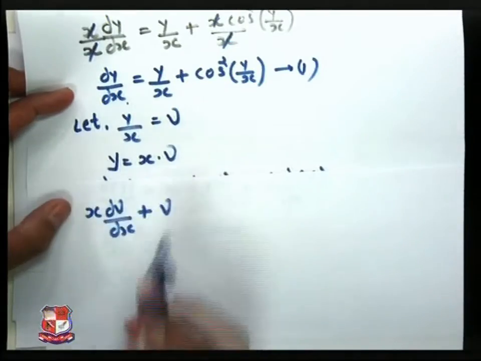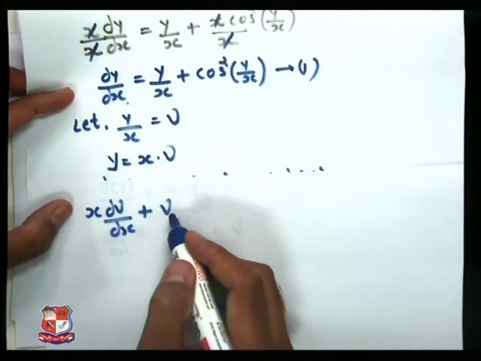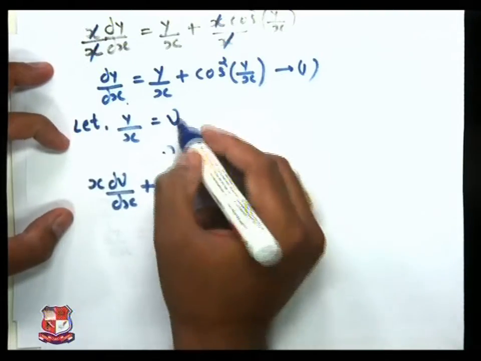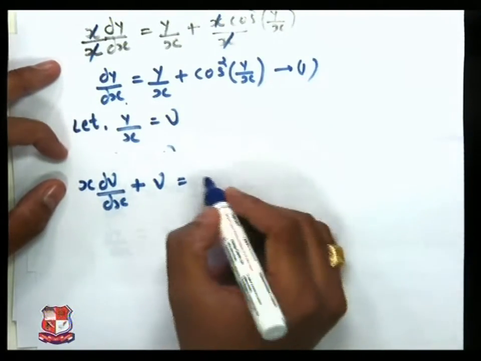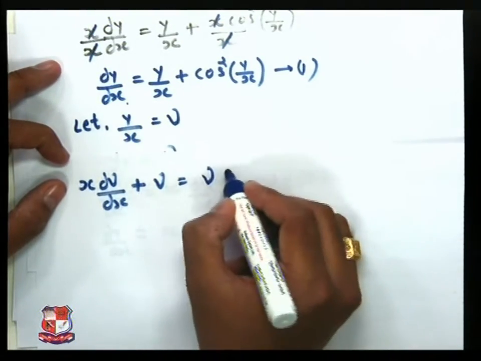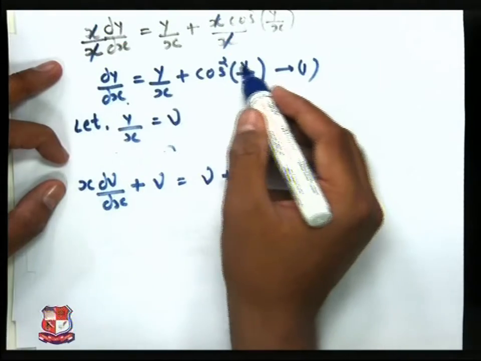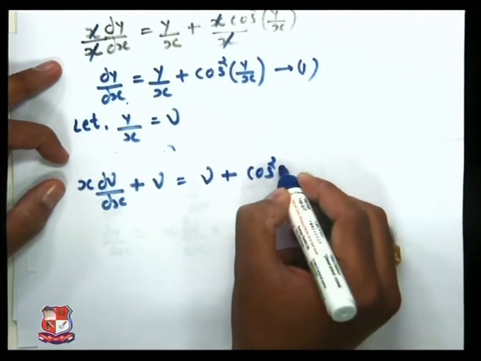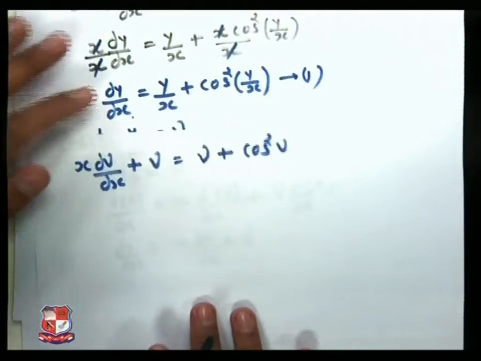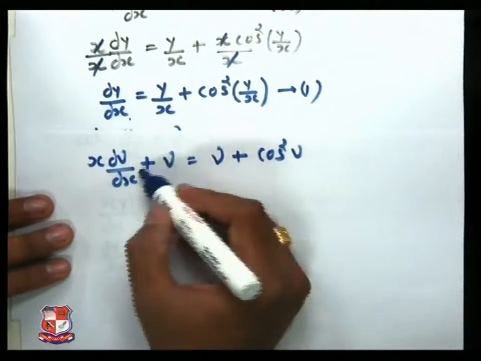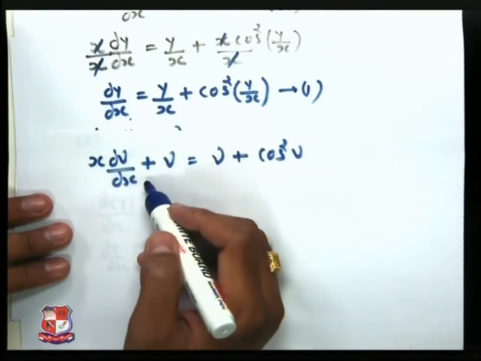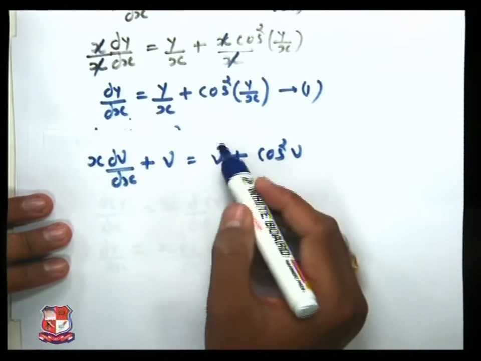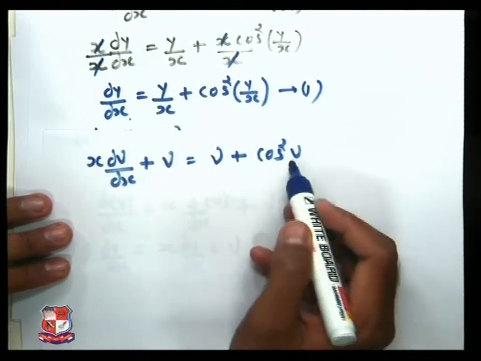Here y by x, which we assumed as v, is replaced with v, and cos square y by x becomes cos square v. So our equation becomes x dv by dx plus v is equal to v plus cos square v.